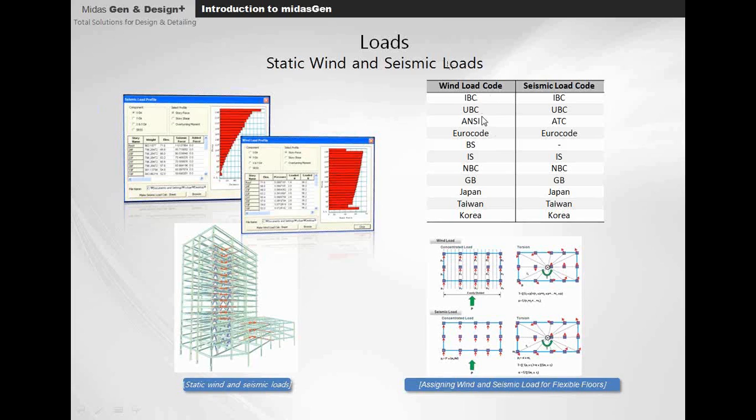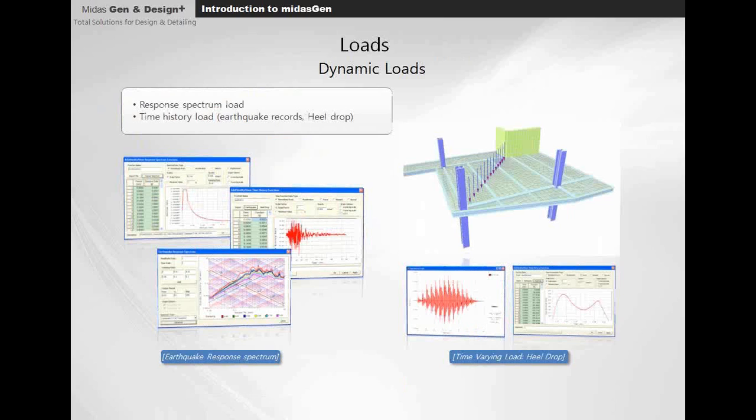For wind load, we have IBC, UBC, ANSI, Eurocode, British codes, Indian codes, and the local Japanese, Taiwanese, and Korean codes as well. For seismic load, we have all of these codes except the BS, and in future versions you can look forward to that being included. You can also input static wind and seismic load on flexible floors.